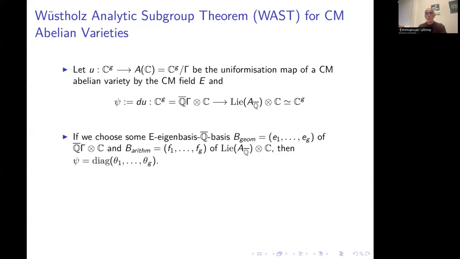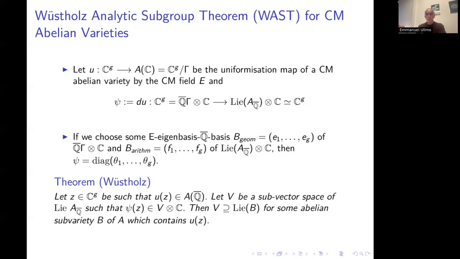And if you choose correctly some eigenbasis for the geometric structure and the arithmetic structure, the differential of the uniformizing map is just given by the diagonal matrix with entries the holomorphic periods.